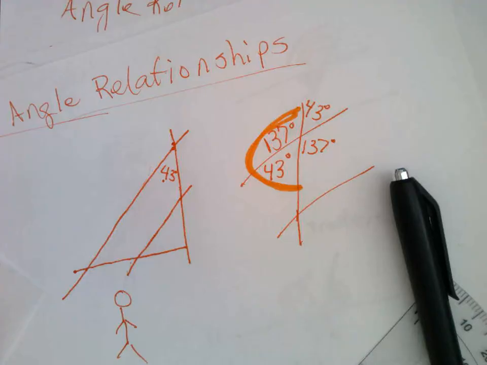Vertical angles are congruent. Try it again. Show me. Parallel. Perpendicular.